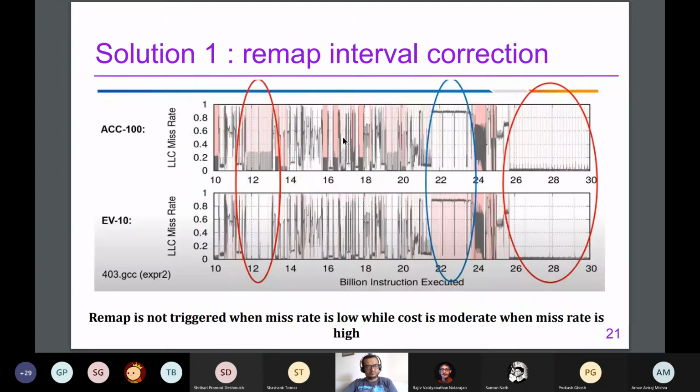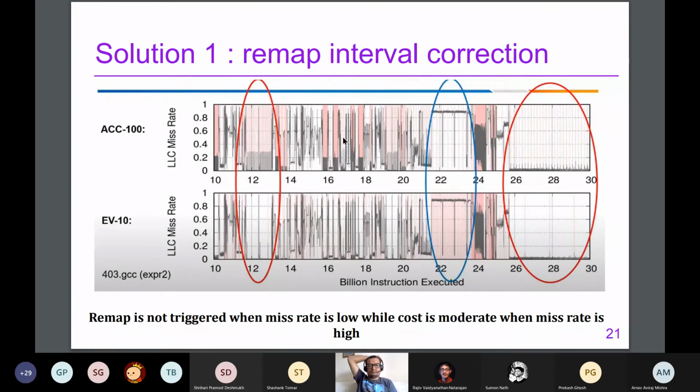Next slide, please. This is another result, which proves that LLC eviction is a better choice for us. The black lines you're seeing are the miss rates plotted along the time axis, and the red lines are the remap points. If you go to the first circle, between the 11 and 13 timing points, you can see there is no miss in the system, but still the LLC ACC 100, which is the LLC access remap function, is heavily remapping, which causes extra misses in that duration.